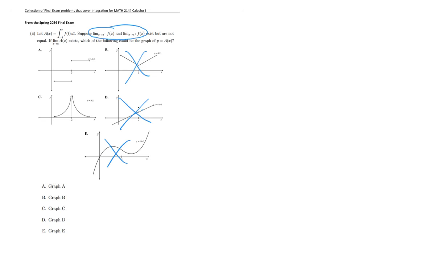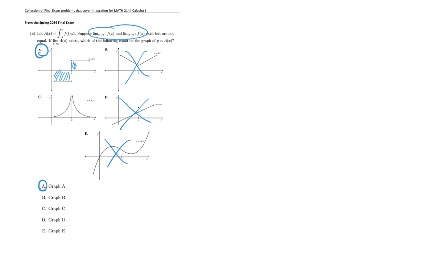If the limit as x approaches a of the integral exists, which of the following could be the graph? Okay, so if I think about part A, I've got this negative area, and then it's going to switch up and I'm going to add positive area to it. So I think A is probably the best answer here. I'm not sure.